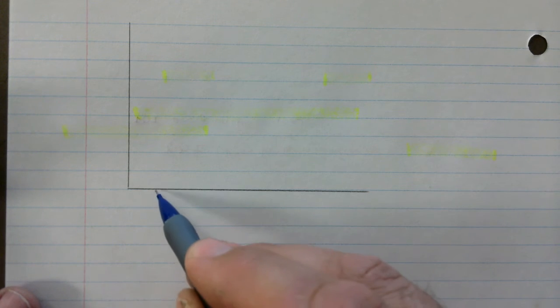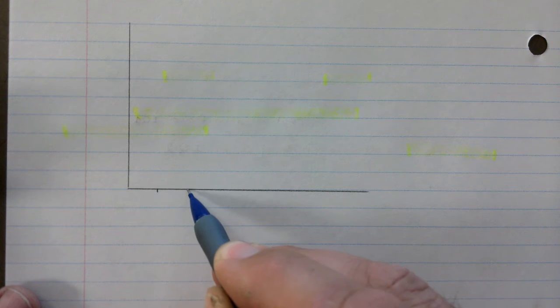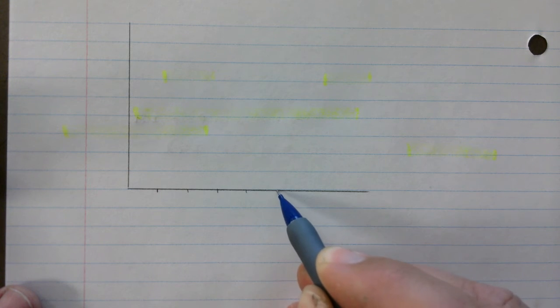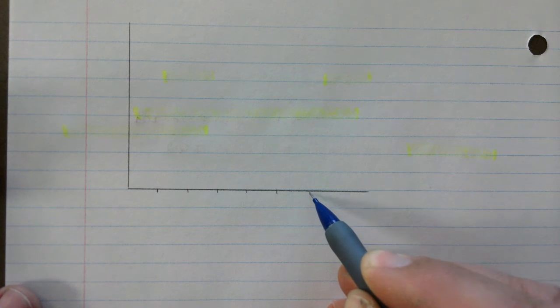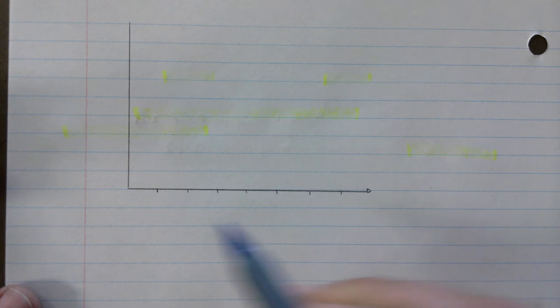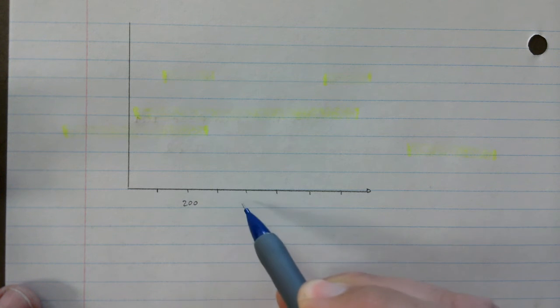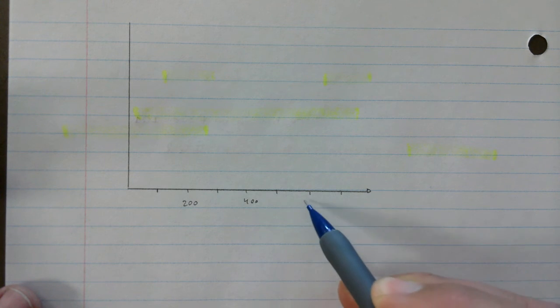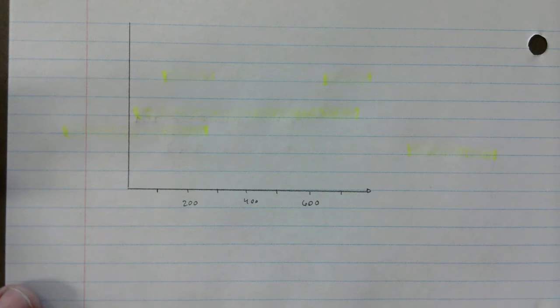I just draw my first quadrant and I try to make it work. So I will go up by 100. 1, 2, 3, 4, 5, 6, 7. That is good enough. So I'll just label every second like that.